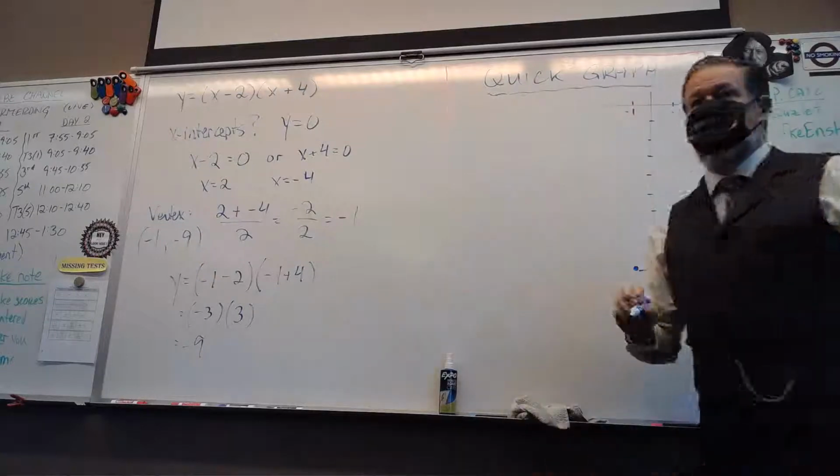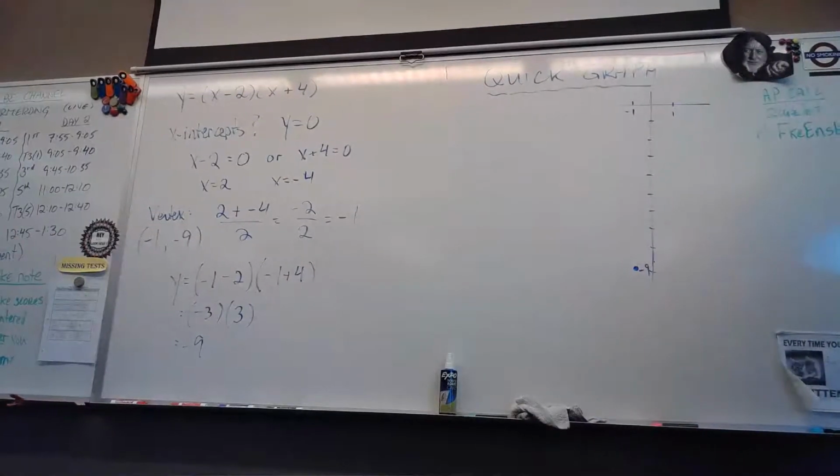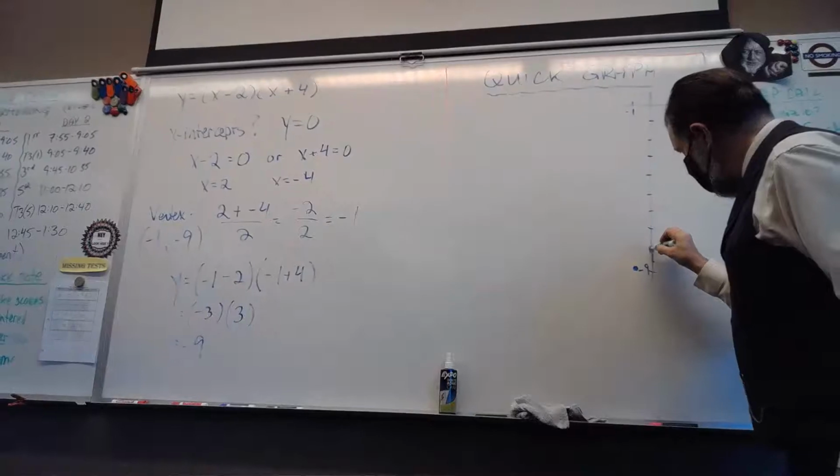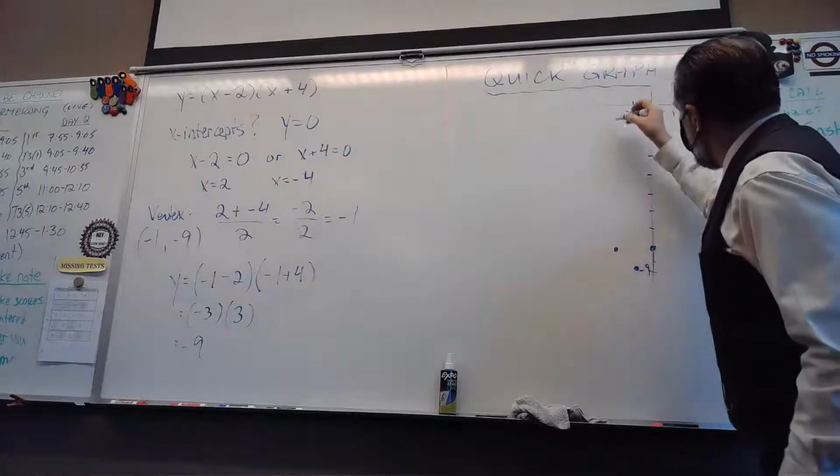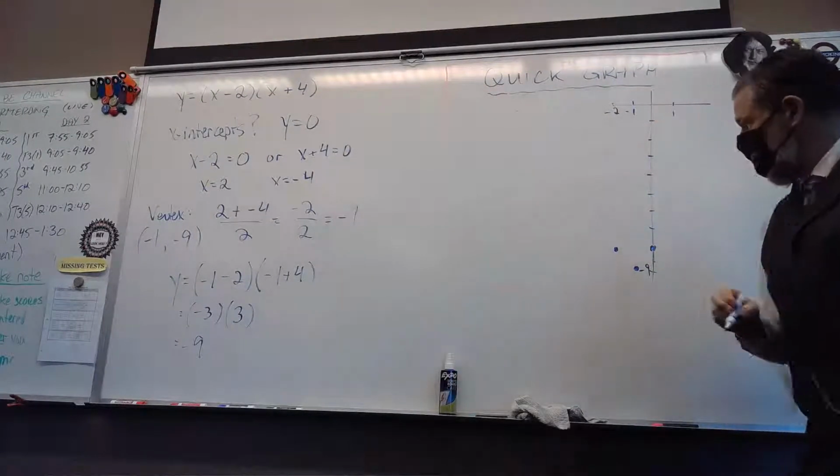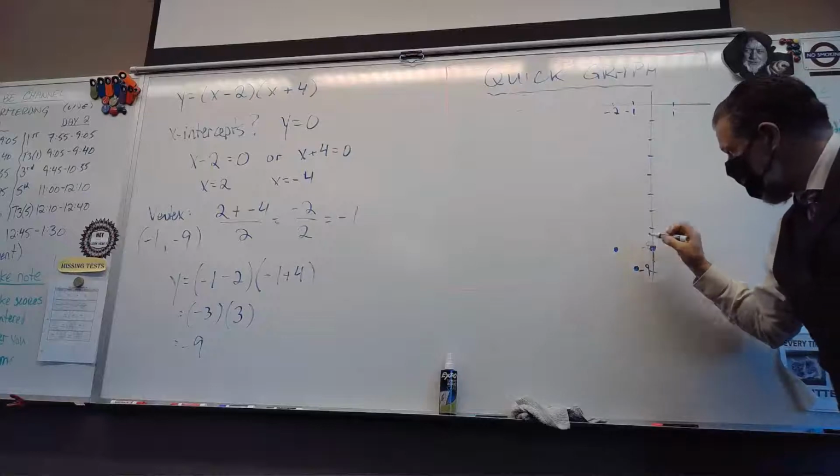So there's my vertex. Now, what happens when I go out 1? In both directions, I go up 1. So I can put a dot here, and I can put a dot here. That's at -2. And this is -8.